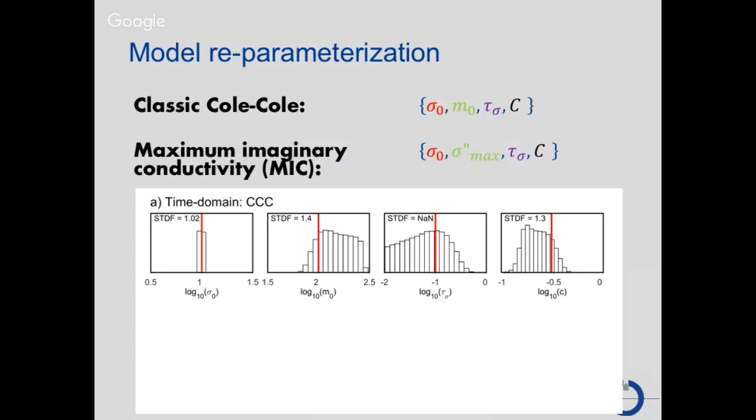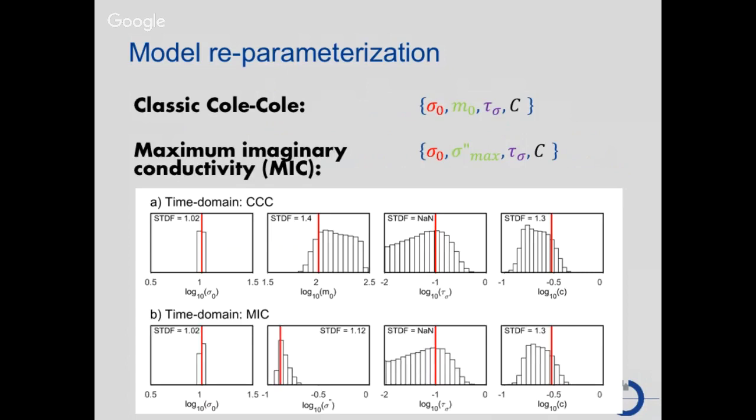I'm not showing you the correlation, but only the final distribution. The problem is that these two are strongly correlated, so you can get a bigger M0 value with a smaller C value, and it's the same. That means that when you do a linearized inversion, your C section is a mirror of the M0 section. So you're not really doing a good job.